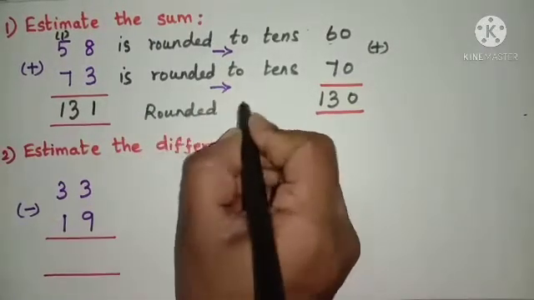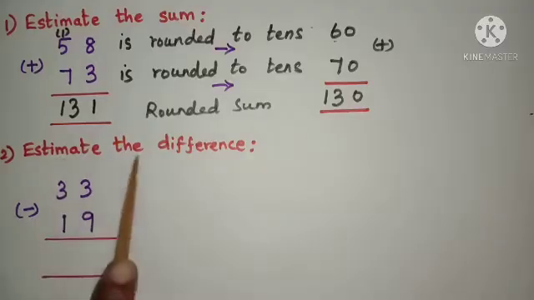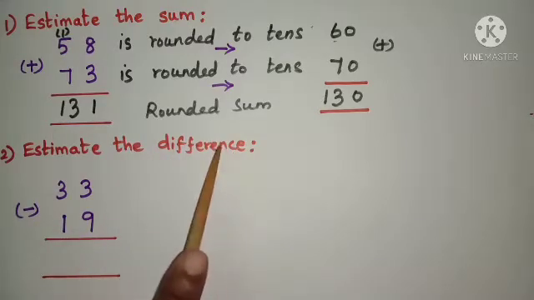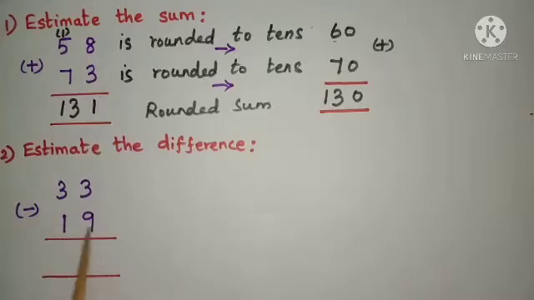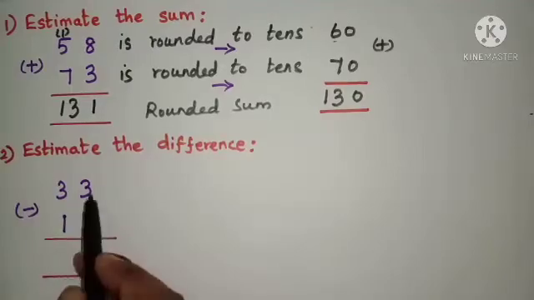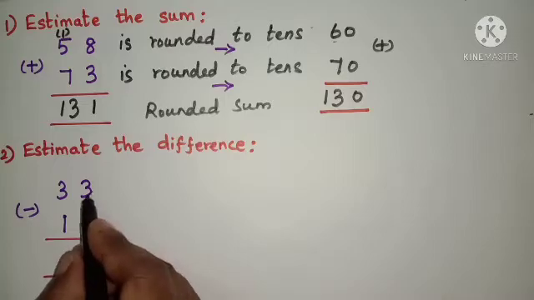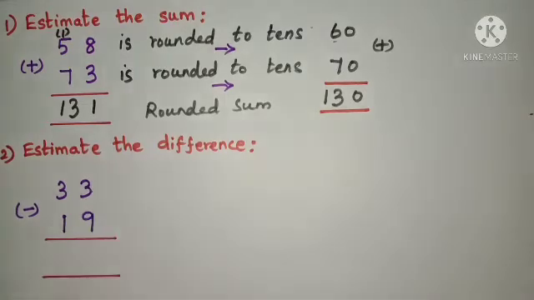Here, rounded sum. Estimate the difference. Here, 33, 19 are the two numbers given. We have to find the difference, which means subtract 19 from 33. First, let us find the actual value. 3 minus 9. We can't subtract 9 from 3.